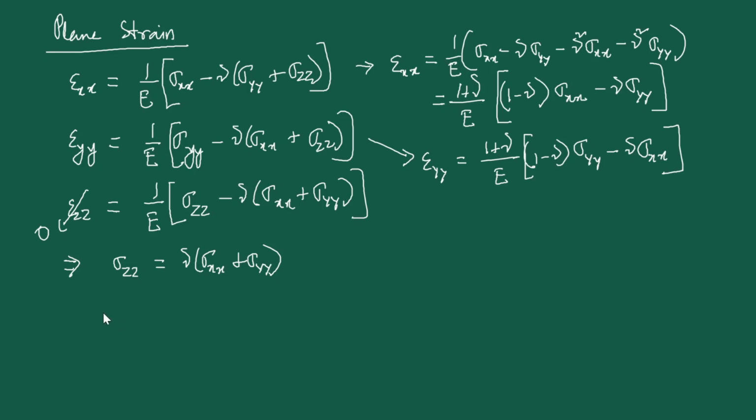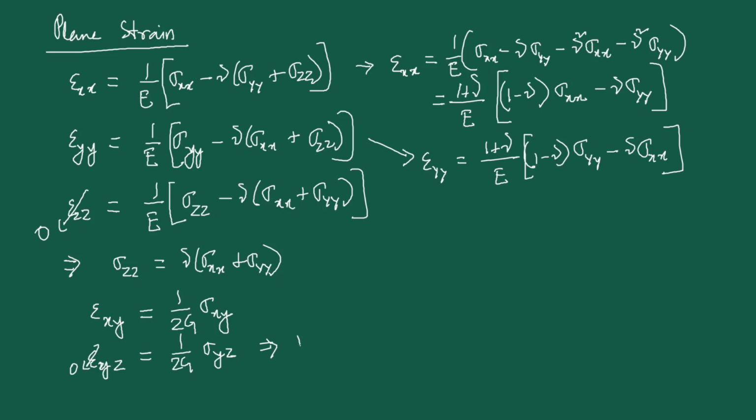Now what about the other three components? Epsilon xy is certainly not equal to 0, so sigma xy will not be 0. But epsilon yz is 0, so sigma yz will be very much 0.